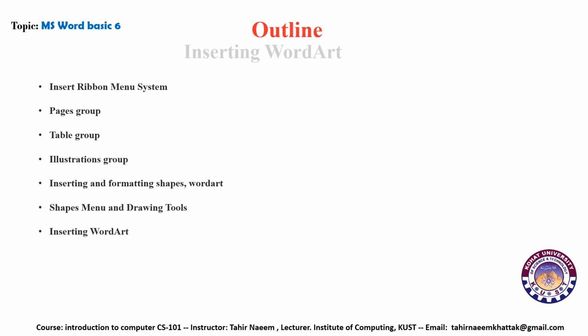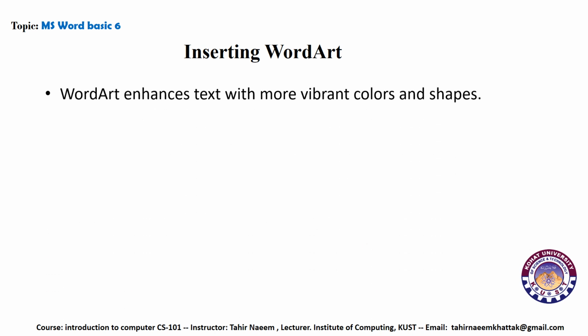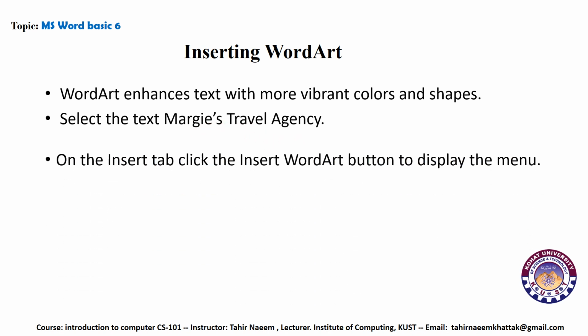We will discuss WordArt. WordArt enhances text with more vibrant colors and shapes. Select the travel text. Whenever we want to insert WordArt, we first select a word or text. Here I have Maggie Travel Agency, and I have selected this text inside the Word document.